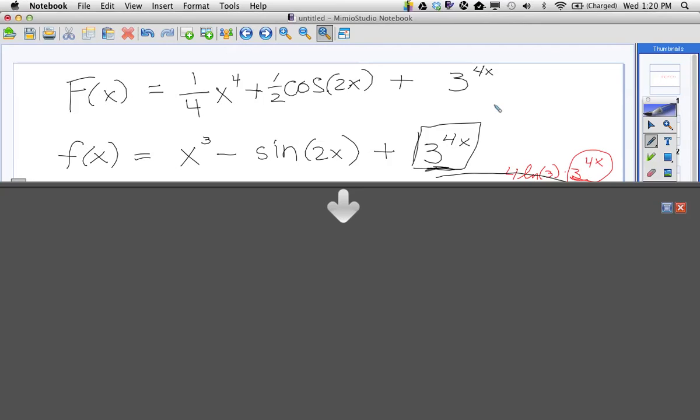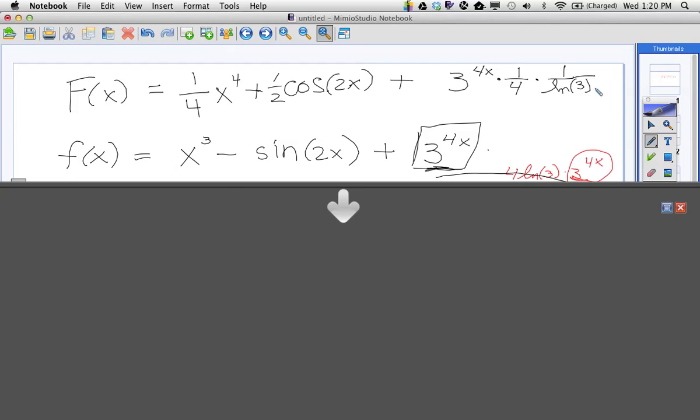So what I would do is just start with that and pretend it was that. Well, if it was that, when we do the derivative, what's going to happen? There should be a 4 sticking out here and an ln3, but they're not there. So what does that mean? There must have been a 1/4 to cancel that 4, and there must have been a 1 over ln3 that caused the ln3 to cancel.